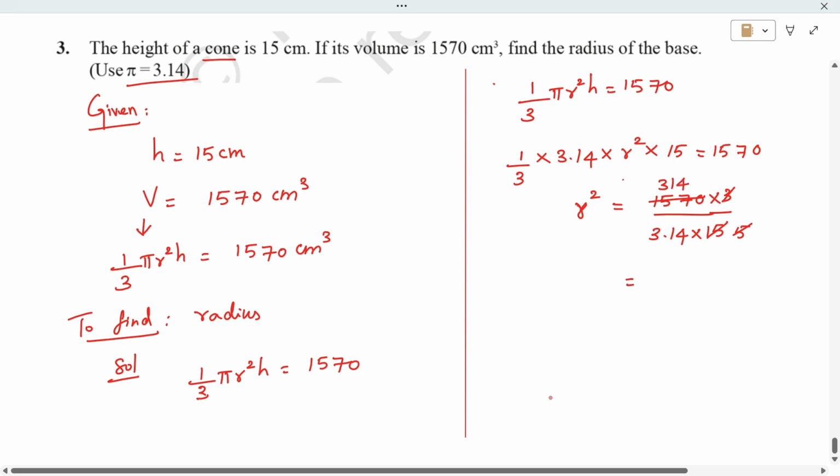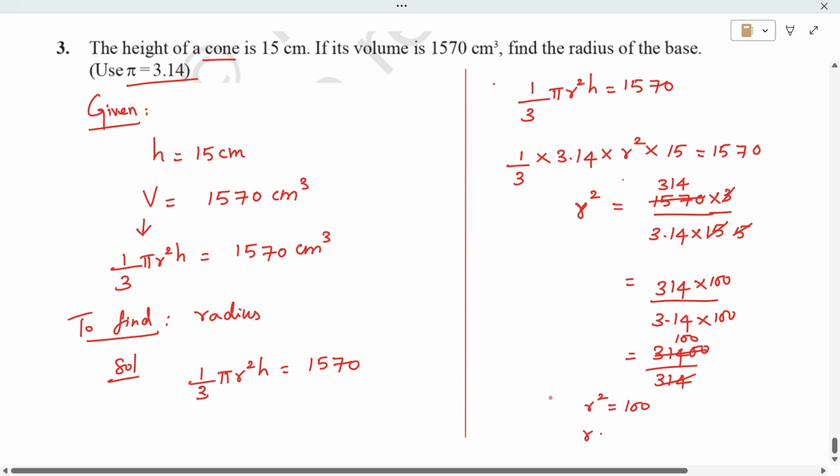Now you can see the numerator is also 314, but there are decimal digits in the denominator. So I can multiply by 100 to remove the decimals, isn't it? So it will be 31400 by 314. So now cancel, it is 100 times. So r square is 100.